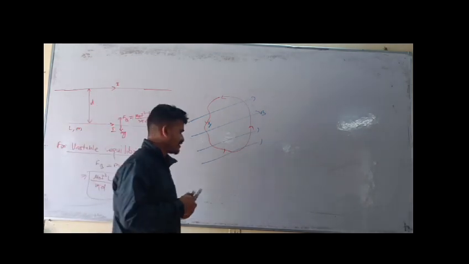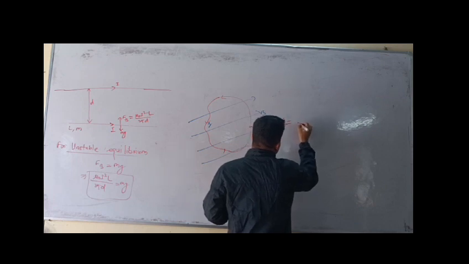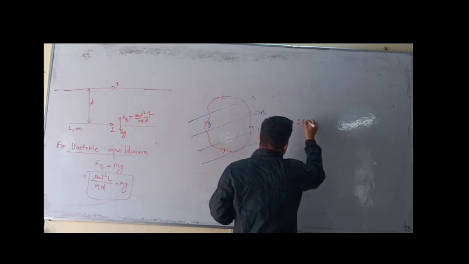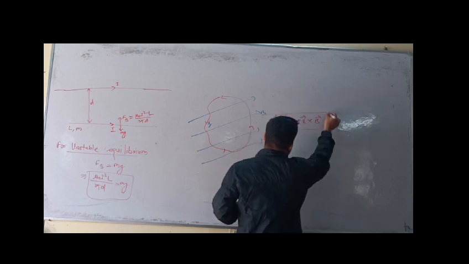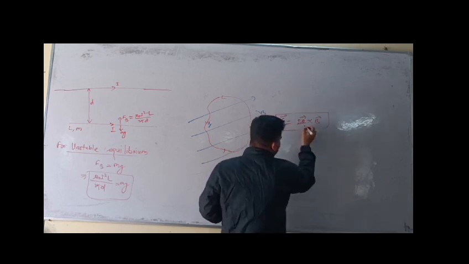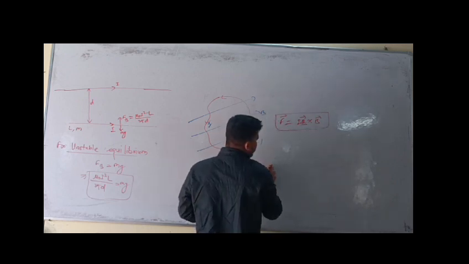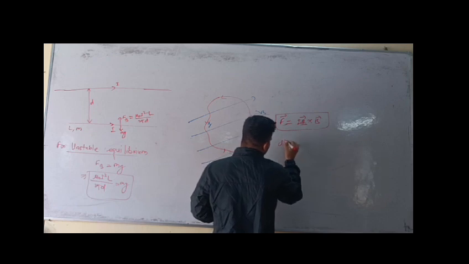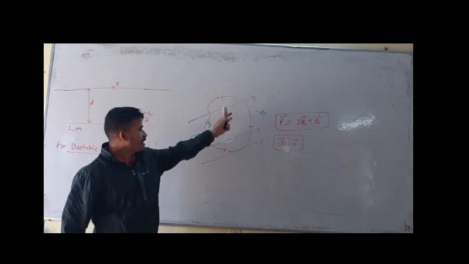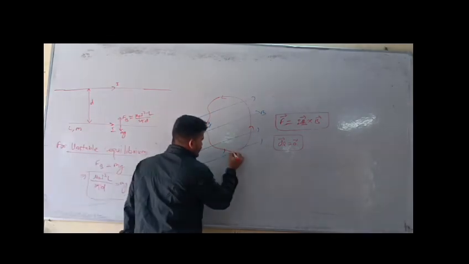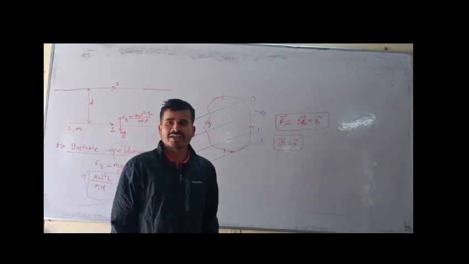0. Why? F equal to what? I dl cross B, yes or no? What is dl here? 0. Why? It is a vector quantity. Initial and final are the same now. I already told you we will take displacement.